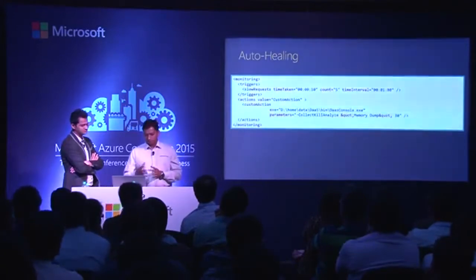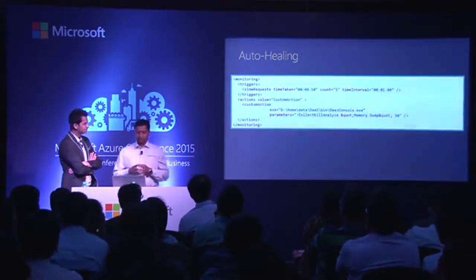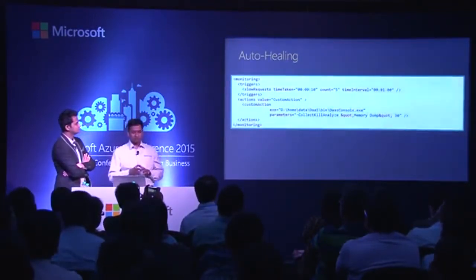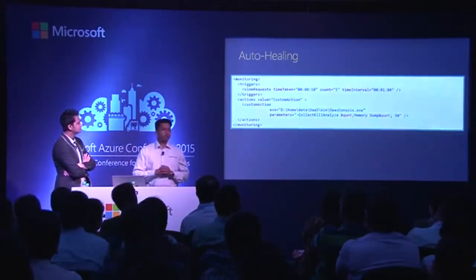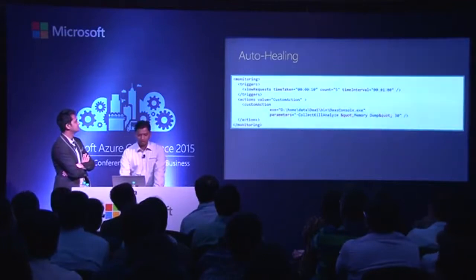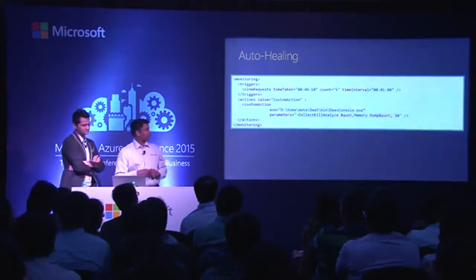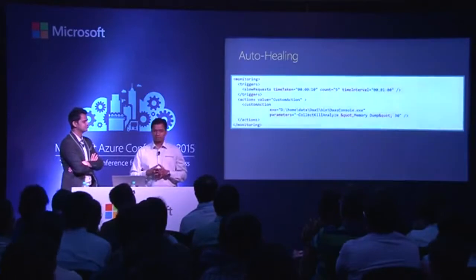What this configuration is telling us is: if there are 5 requests which take more than 10 seconds in an interval of 1 minute, perform the next action. So I'm saying 10 seconds time taken, 5 count, interval 1 minute. When this happens, execute this particular tool, which is available on Azure websites for you.